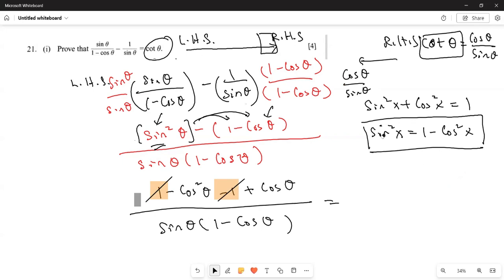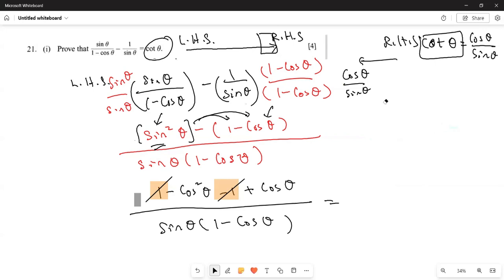So you understand why I choose sine square and cosine square. This is the bridge between sine square and cosine square. You just get rid of the sine square and change it to cosine square, and you know your answer is coming out over here. Slowly. So you get cosine squared theta plus cosine theta here.